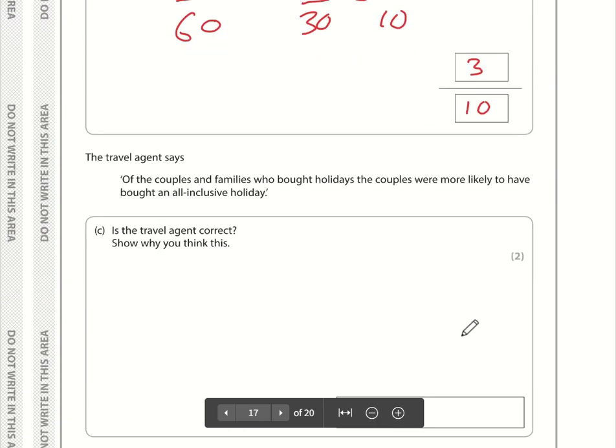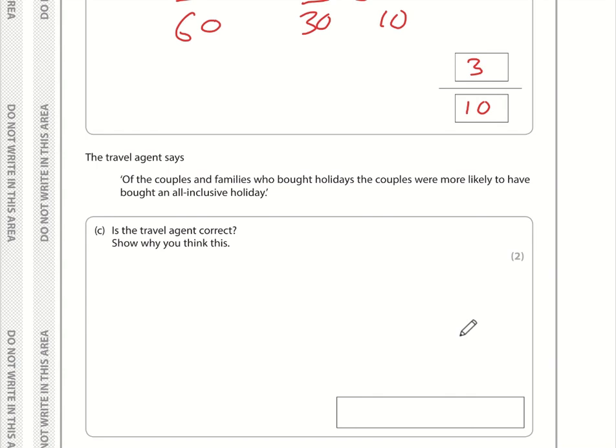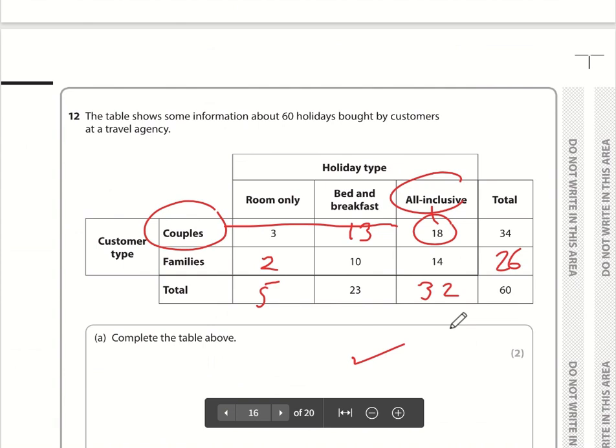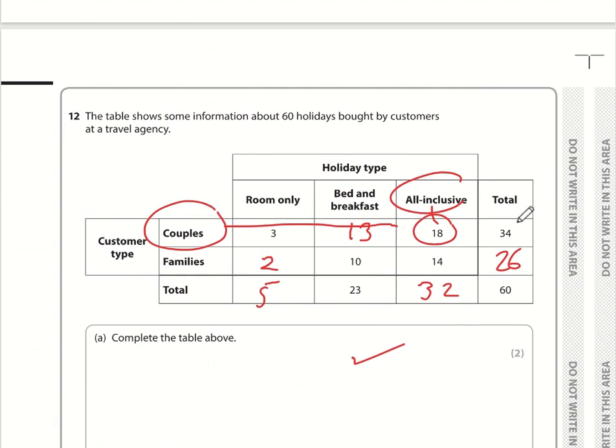Okay, so the travel agent says of the couples and families who bought holidays, the couples were more likely to have bought an all-inclusive holiday. So what we want to do is work out, of the couples, how many bought all-inclusive. So we know that there were 34 couples, and how many were all-inclusive? Well, that is 18.